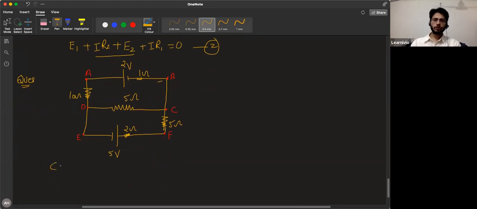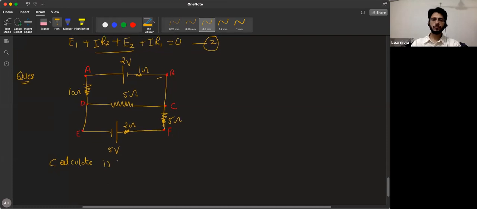You're supposed to just draw the circuit. I'm writing what you're supposed to calculate. First part: current through each resistor. Second part: voltage across each resistor.